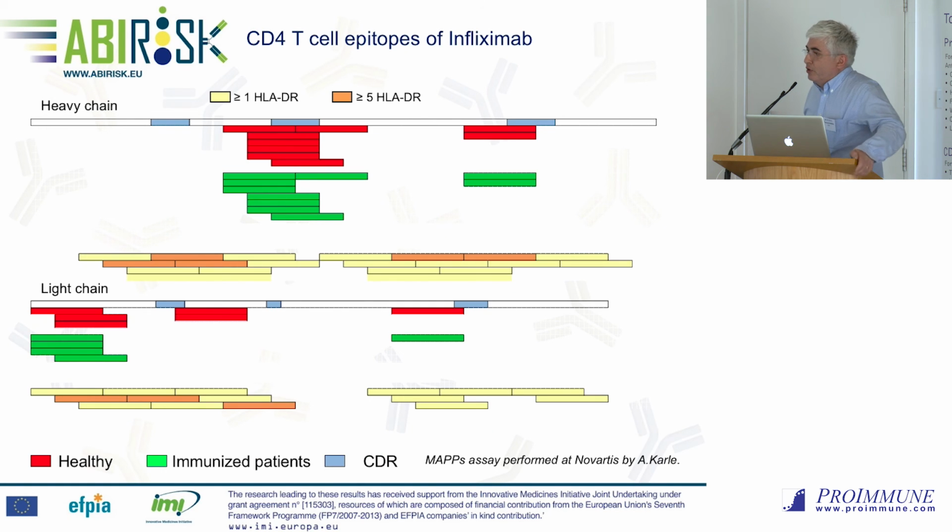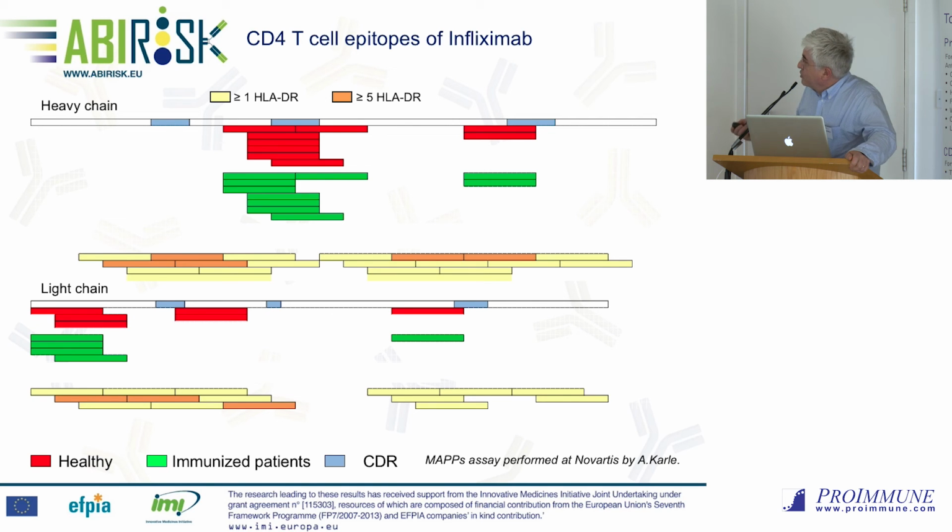And if I introduce the data with the binding assays, something funny is that finally we find at least one binding activity for many peptides, you see here. So at the end, if we consider only one binding, it covers almost all the sequence of the variable parts.